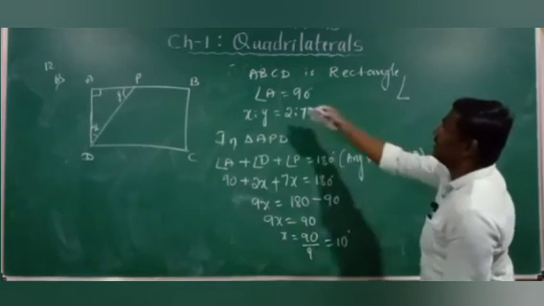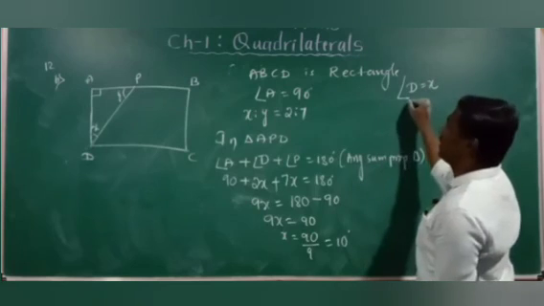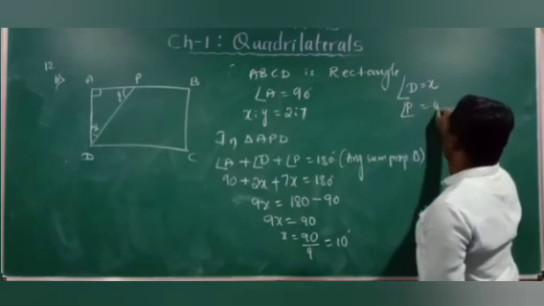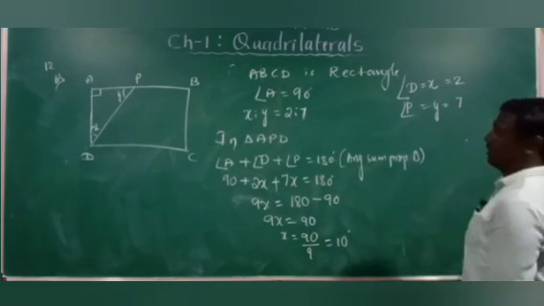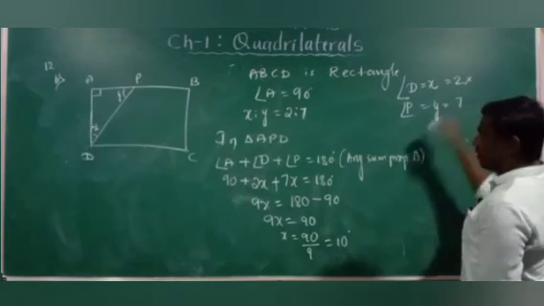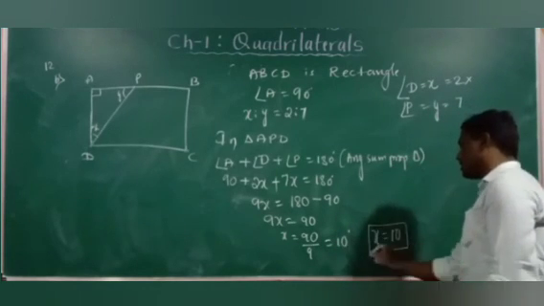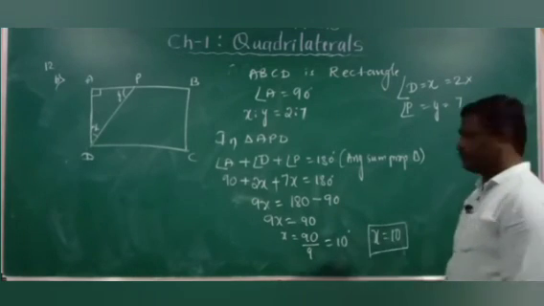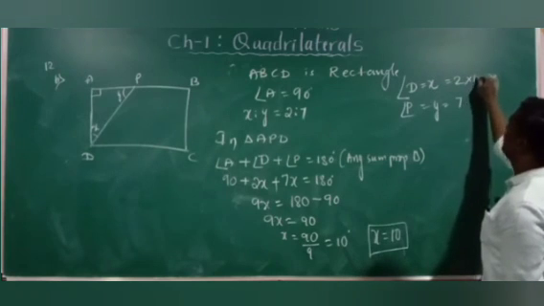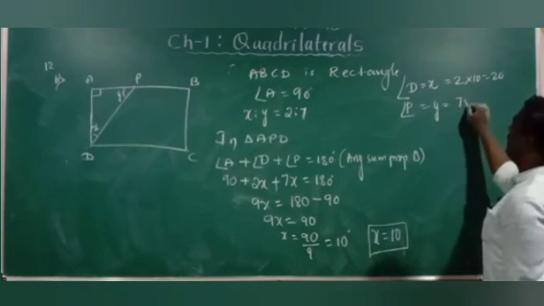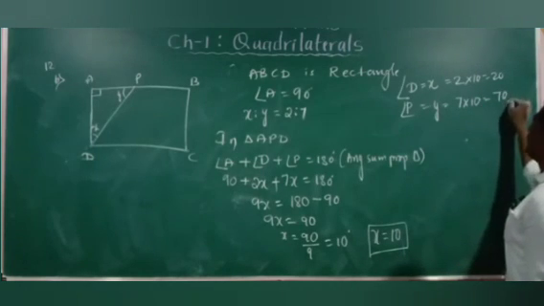Here D means x and P means y. The ratios are 2 and 7. So 2 times x, where x is 10, is 20 degrees, and 7 times 10 is 70 degrees.